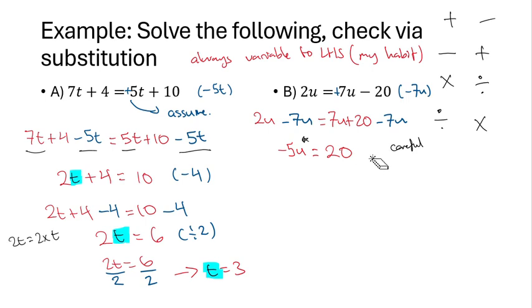You just have to remember that negative 5u just means negative 5 times u, just like that. So what we should be doing is actually dividing by negative 5, okay? That's ideally what we want. So I'm going to now divide both sides by negative 5.